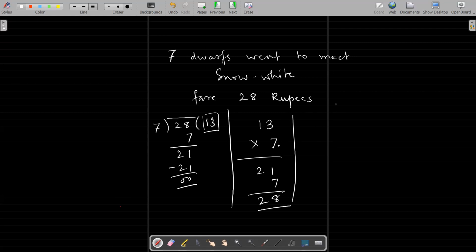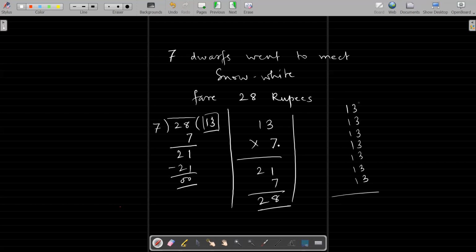So one of the students, the third one, who doubted both division as well as multiplication, said the best and simplest thing is addition, because even multiplication is repeated addition, and better add 13 seven times.